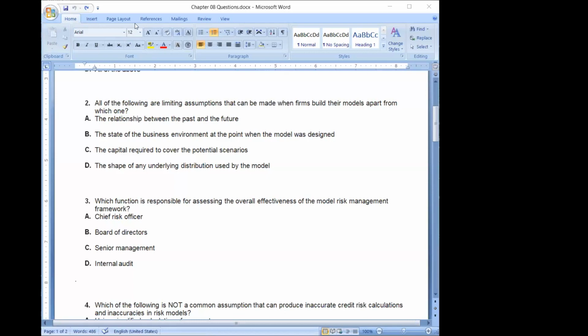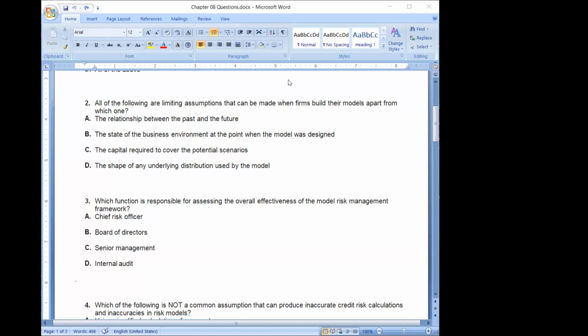Right. Let's see the question. All of the following are limiting assumptions that can be made when firms build their models, apart from which one?